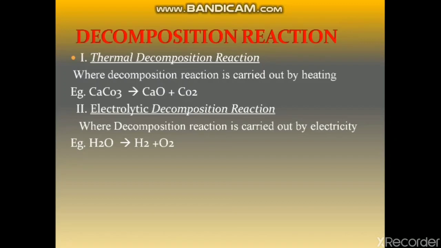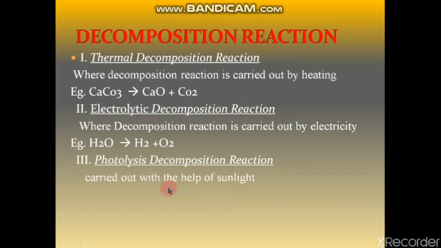It comes out. The third and last type of decomposition reaction is photolysis decomposition. Photolysis, you can remember it like photosynthesis, though not exactly. It is the reaction carried out with the help of sunlight.